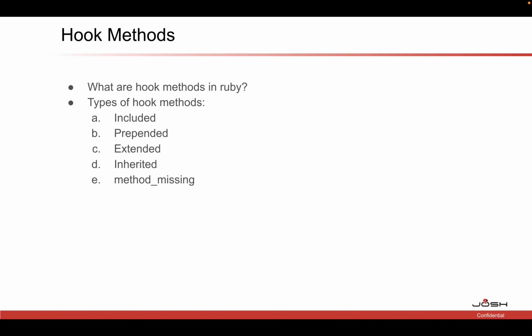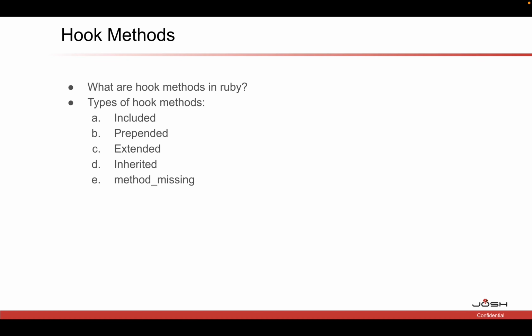Say for example, you need to perform a set of functions whenever this particular action is executed. Say you need to be able to notify it once any module is included inside a class. The way you tell Ruby to run this set of functions once this particular module is included inside any class is by defining these hook methods.